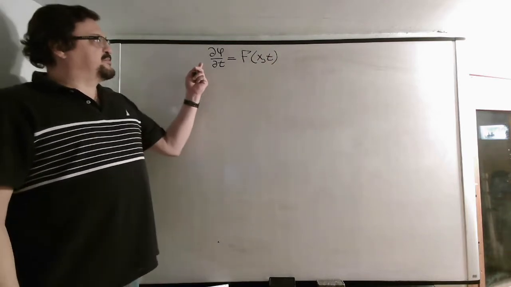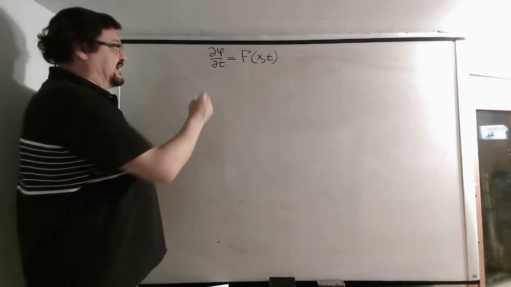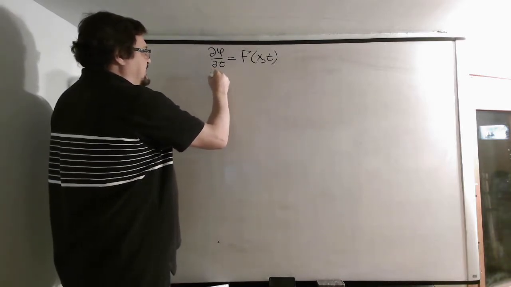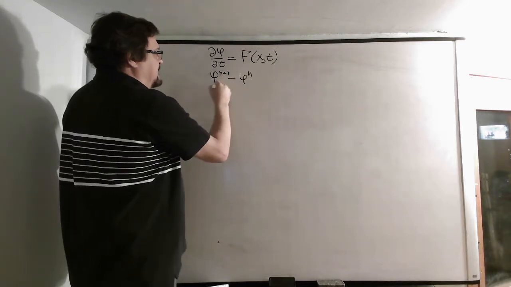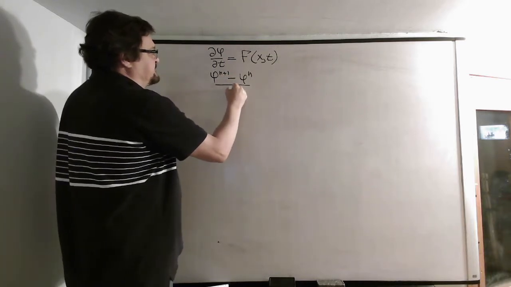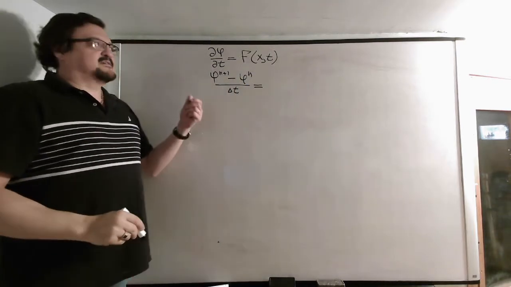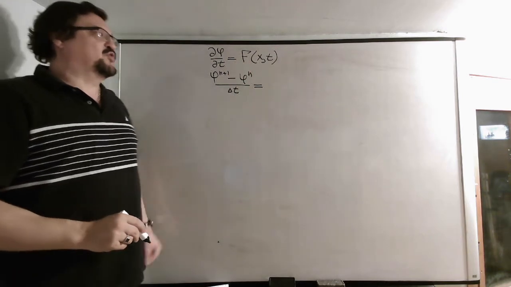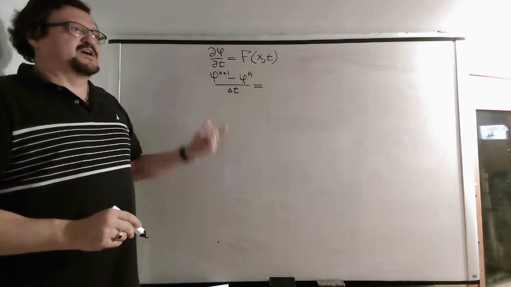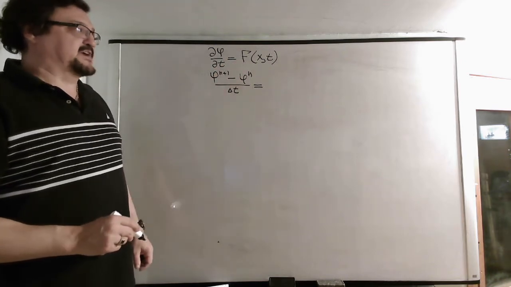We want to approximate this time derivative with a forward in time scheme, like phi n+1 minus phi n divided by delta t. But the right hand side will not necessarily be at time step n as we used before, but some combination of this function at various time steps.